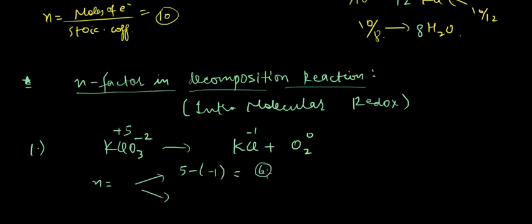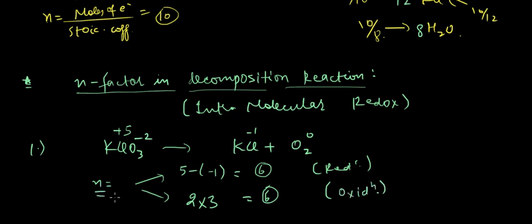So the number of electrons gained by Cl would be 6 in case of reduction, and in case of oxidation, 2 moles of electrons were released by each oxygen atom, and a total of 3 moles of oxygen are present in the compound, so 6 would be the n factor in case of oxidation. So either way you can calculate, the answer would remain the same.